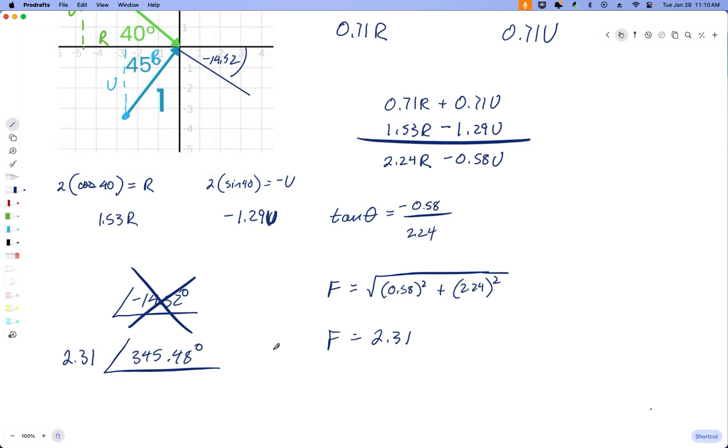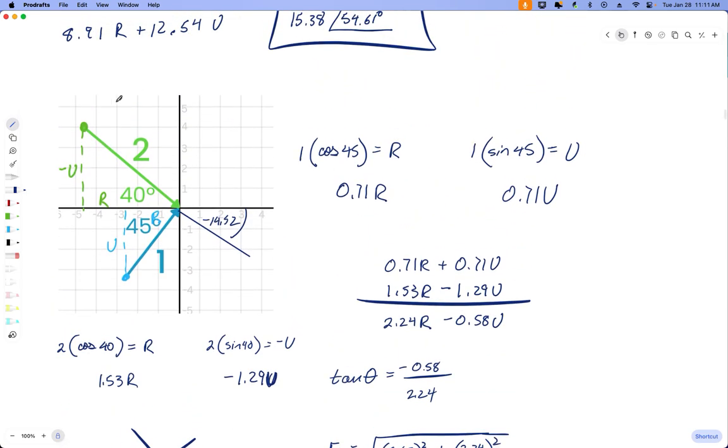So it's all about where's the arrow, where's the force coming from. That is going to dictate your positive and your negative, your positive and your positive. If this were moving this way, then it would be negative and negative.